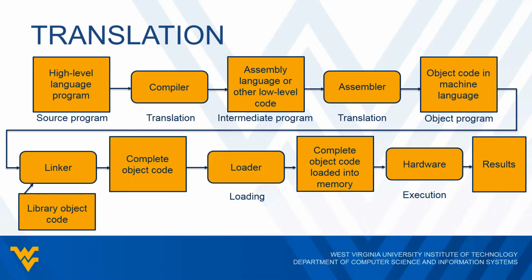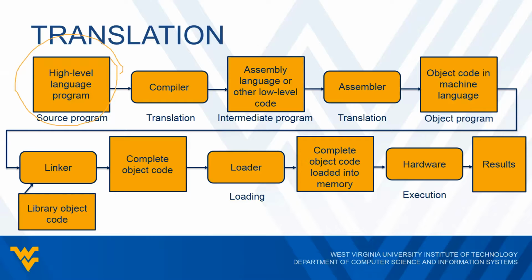Here is a diagram that just illustrates the translation process, just so you have an idea of what's involved. As we're going to see here, the compiler has a much tougher job than the assembler, because the assembler was just a one-for-one translation task: we just convert the assembly language instruction into machine language, whereas a compiler does a lot more. So we start with our high-level language program, way up here.